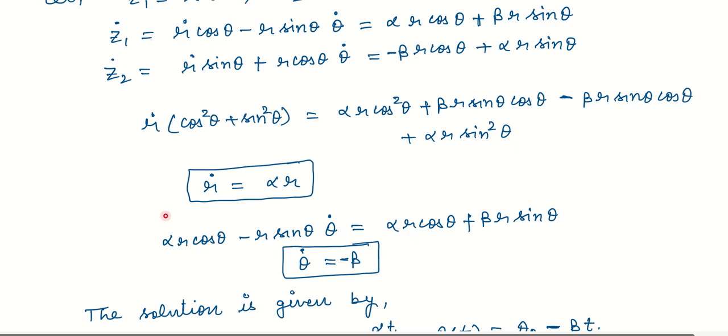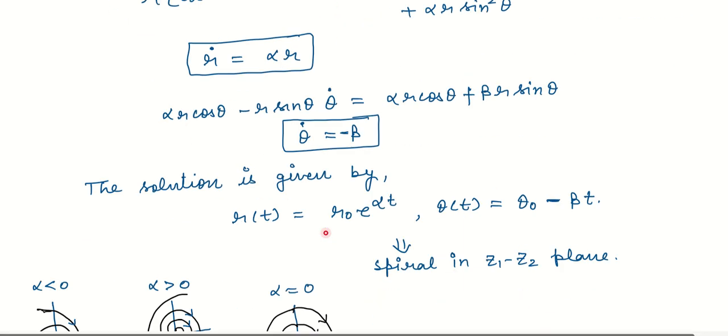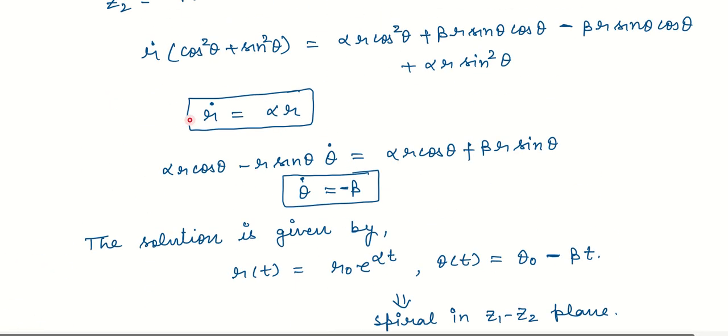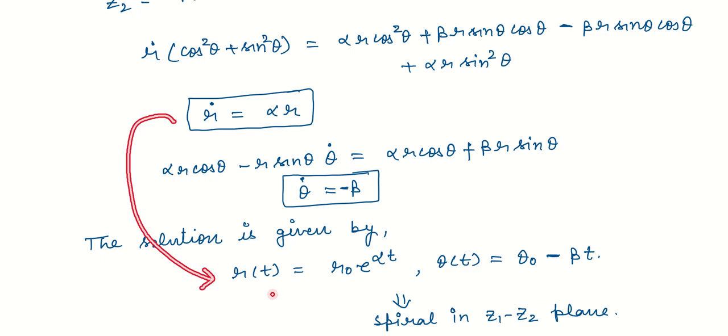Now R is the distance and theta is the angle. So we can get the solution of this differential equation, given by R(t) is equal to R naught e to the power alpha t.